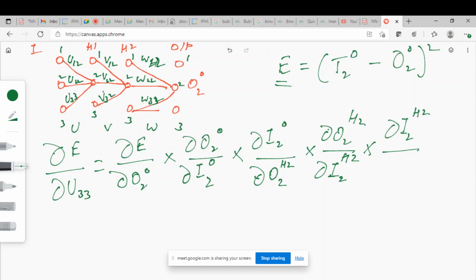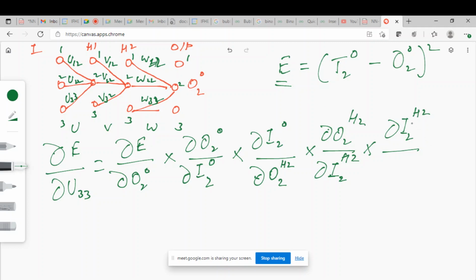Till then you have to think only input and output, nothing else. See, every output depends on its own input, but every input depends on the previous layer's output. That is the rule. Please remember this.